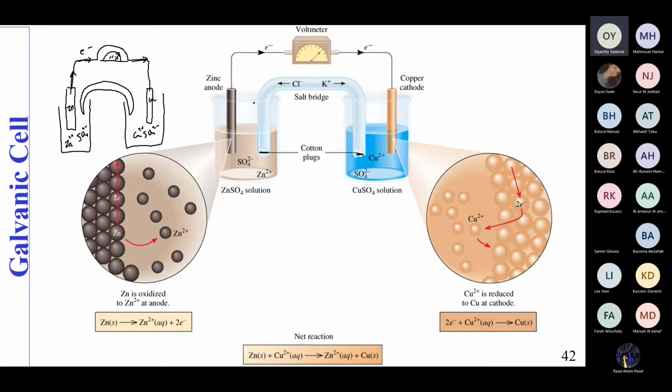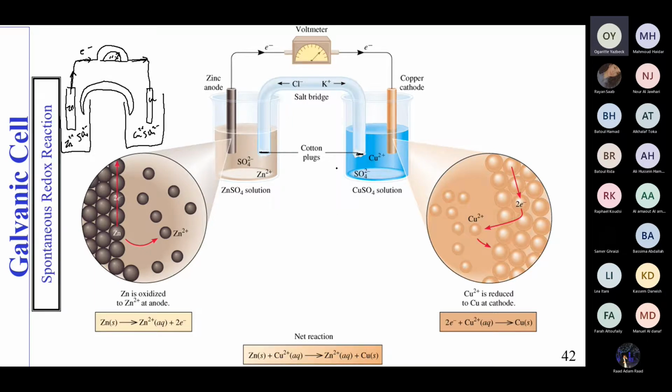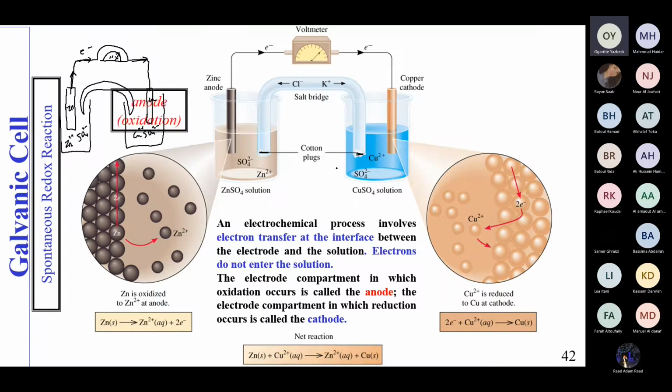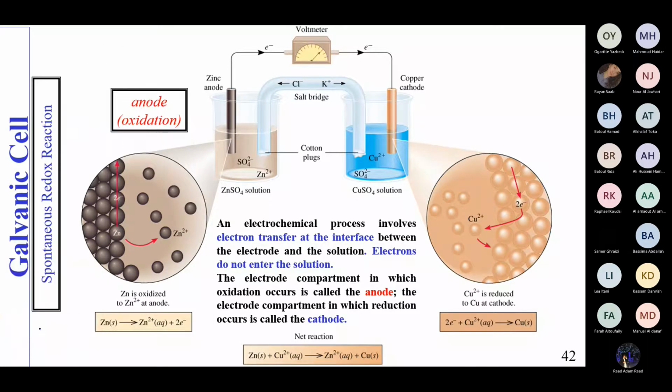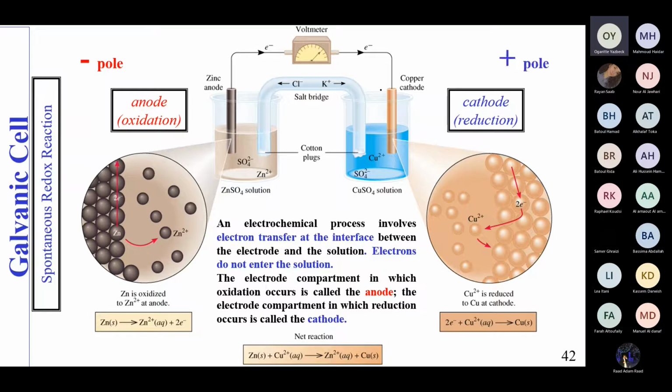Are we clear about just the connection? So this is a spontaneous reaction, and the electrons will flow spontaneously. The anode, oxidation, is on the left-hand side, and the cathode is on the right-hand side.